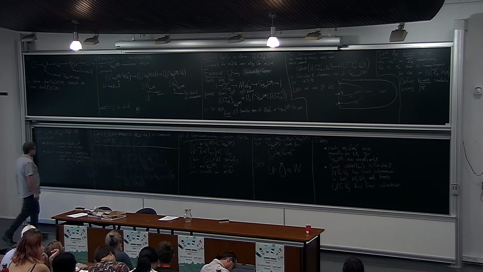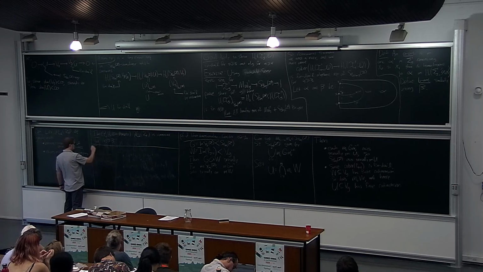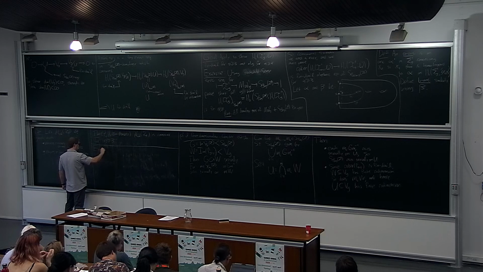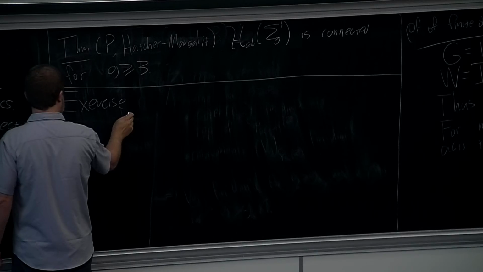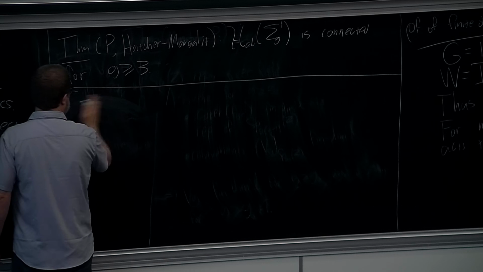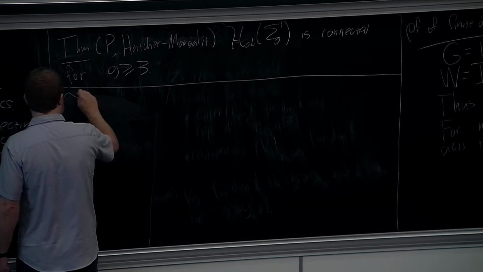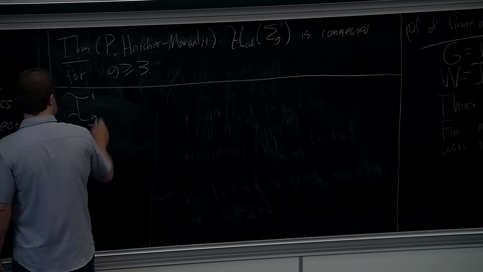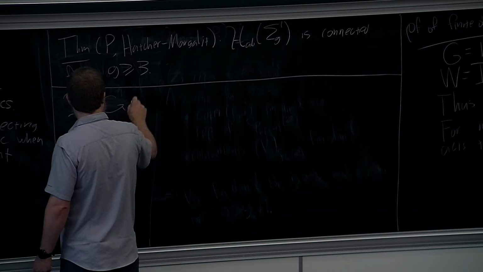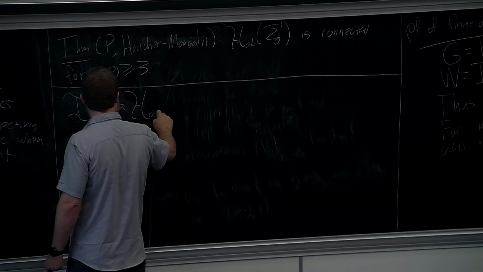So here is an exercise. Oh, but there's actually more. Before I state the exercise, let me make an observation. So the Torelli group acts on this space, this graph AB.